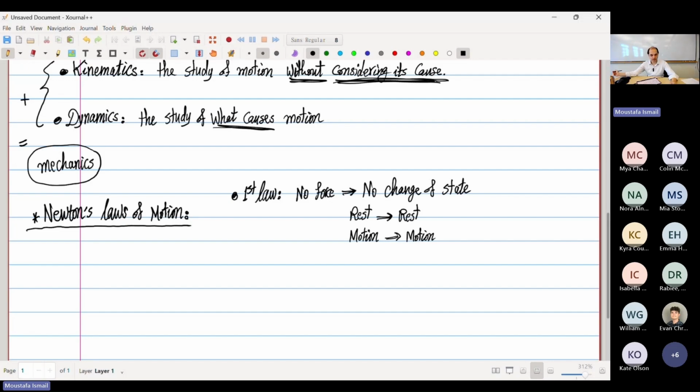It will not naturally come to rest, even if you leave it forever. It will keep moving forever if you didn't intervene in its motion. So this is non-trivial, although now we think of it as a trivial statement. That's just because we now understand how the world works a little bit better than Aristotle did. But this is the content of Newton's first law.